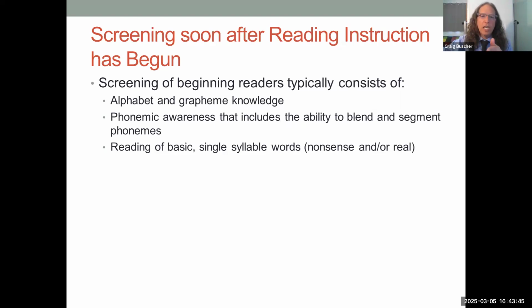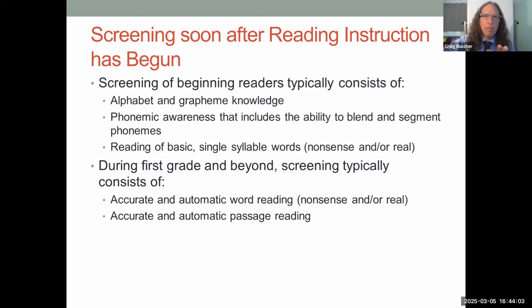We're looking at, can you blend sounds together and can you take a word and pull sounds apart? And then once you've been taught how to read words, we start looking at your ability to read words. Those are the main tasks that we start screening for to see if these students are at risk or not at risk.